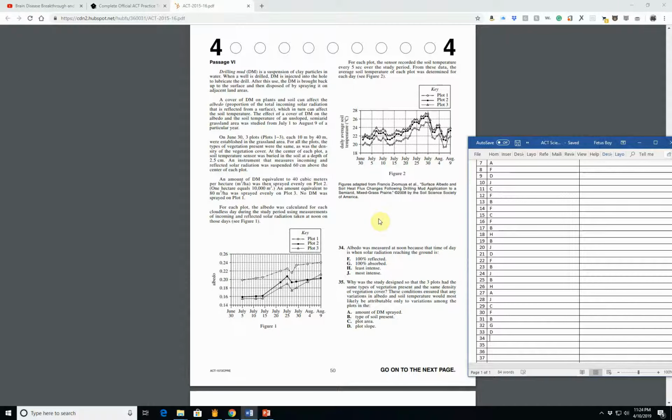So that would be 100% reflected? Well, it can't be 100% reflected. Some of it would have to be absorbed. So certainly it would be the most intense. All right.